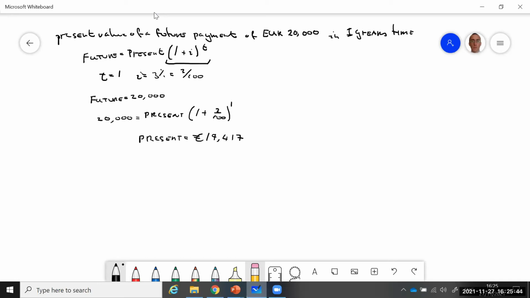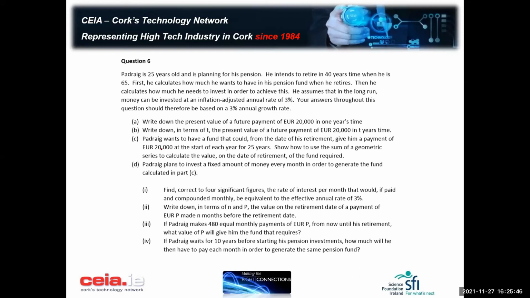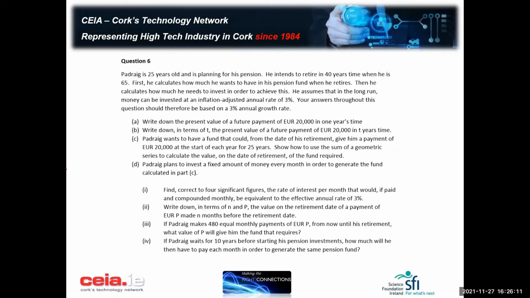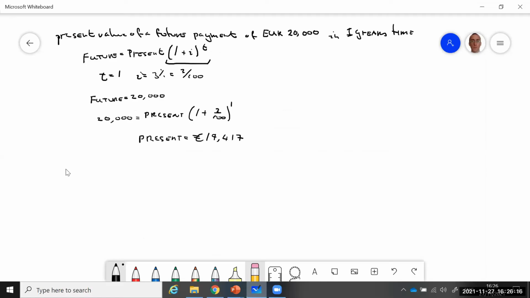So the next question is, write down in terms of t the present value of a future payment of €20,000 in t years' time. So if we want a €20,000 payment in t years' time, it's basically the exact same question as the previous one, just kept general.